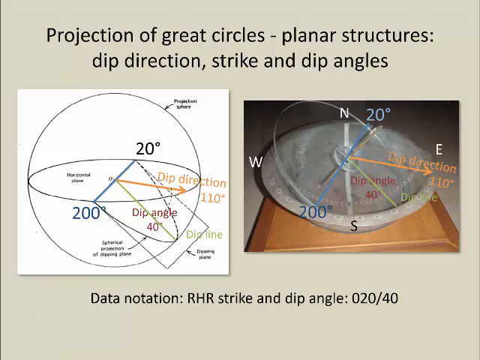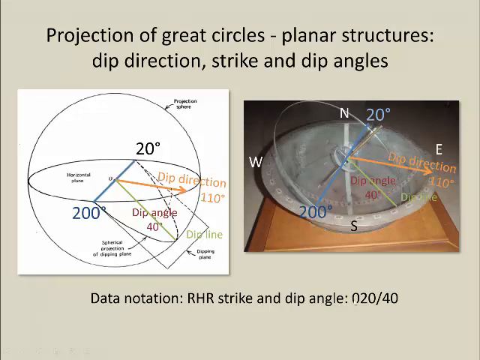How do we write down these data? There are two important notation methods. One of them is the right-hand rule strike and the dip angle. RHR stands for right-hand rule, and in a moment we will see what exactly that means. That refers to one end of the strike line. In this case, it's this one.